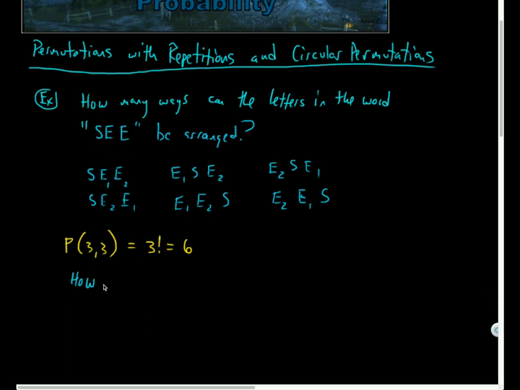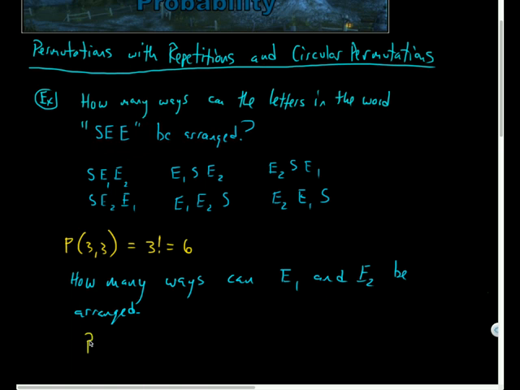How many ways can E1 and E2 be arranged? If I can answer this question, then I can reduce my original set of answers by whatever this number is. So how many ways can that happen?